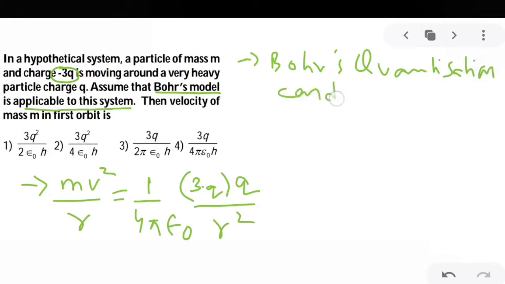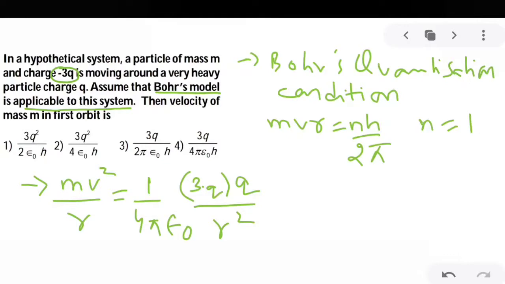So what is the Bohr's quantization condition? Angular momentum is quantized. So angular momentum is mvr. It is equal to nh by twice pi. Okay. Velocity of mass m in first orbit. So that means n is equal to 1. First orbit, n is equal to 1. Okay. So we have to find the value of v. Okay. Now from this equation, you write the value of r.